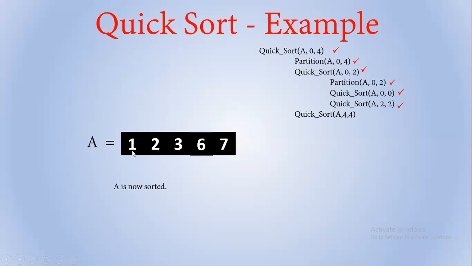Then each of them will be compared against the pivot value. If A[i] is less than the pivot, it will be incremented, and if A[j] is greater than the pivot, it will be incremented. If both of them are false, then those two elements will be swapped.